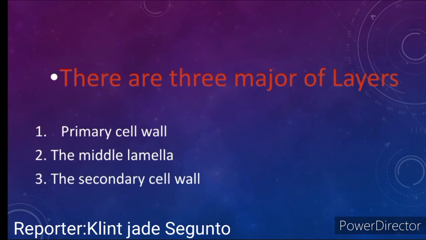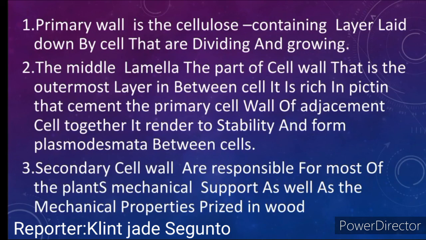First is the primary cell wall. Second is the middle lamella. The third is the secondary cell wall. The primary wall is the cellulose-containing layer laid down by cells that are dividing and growing. Second, the middle lamella is the outermost layer between cells.